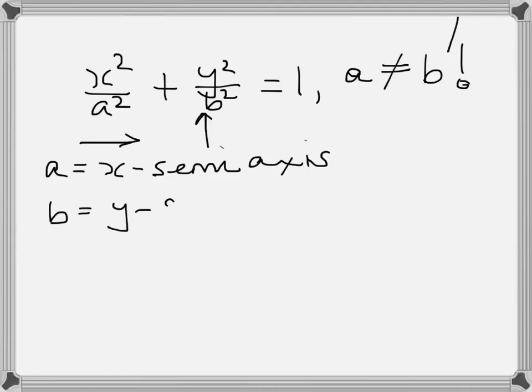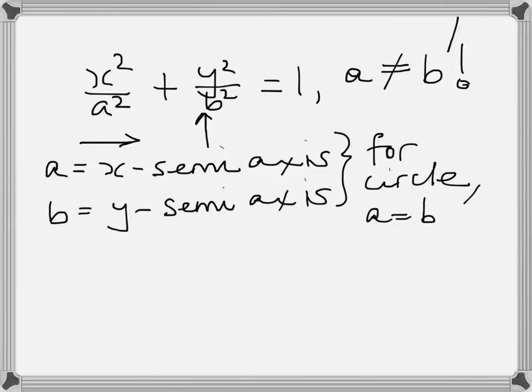Yes. Now, this is the equation of an ellipse, where x squared over a squared plus y squared over b squared is equal to 1. The a refers to what used to be the horizontal radius if it was a circle, but it isn't a circle anymore.